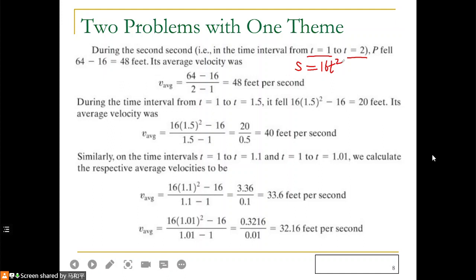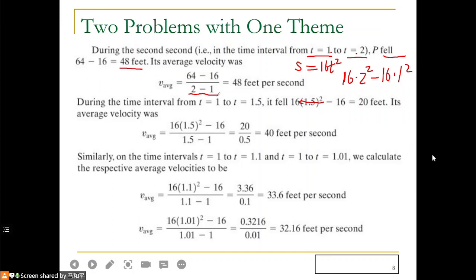So when we consider an interval from t1 to t2, we can calculate the distance fallen: 16 times 2 squared minus 16 times 1 squared, which is 48 feet. And it takes from time 1 to 2, so we have spent 1 second, right? 1 second.